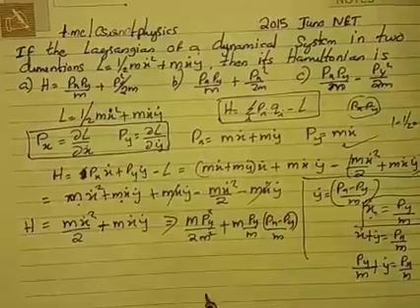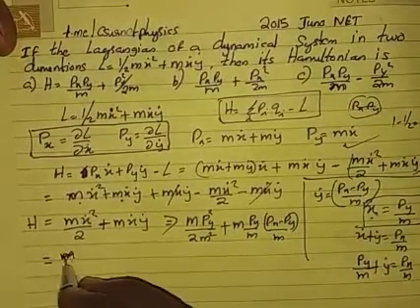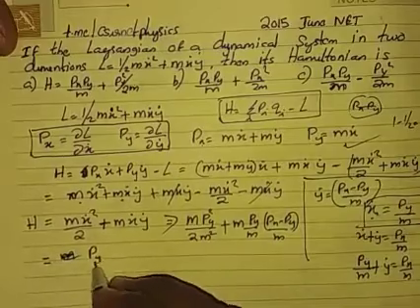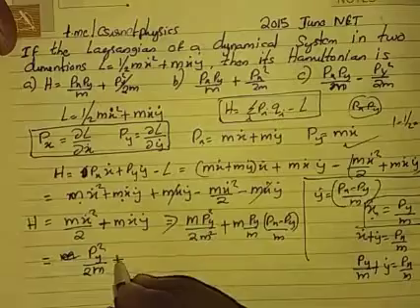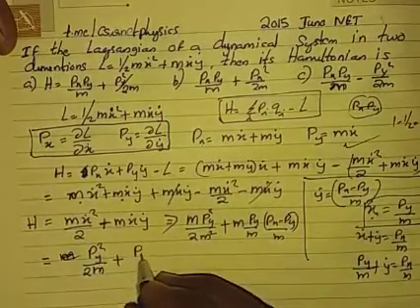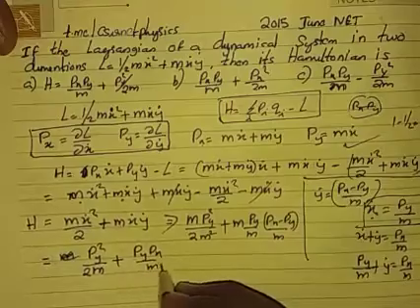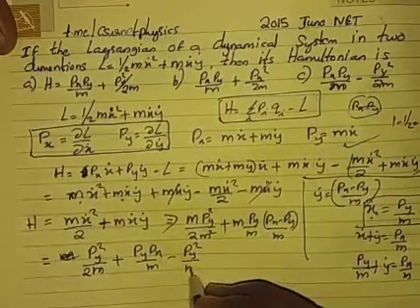The m's cancel, and you get py squared by 2m plus py px by m minus py squared by m.